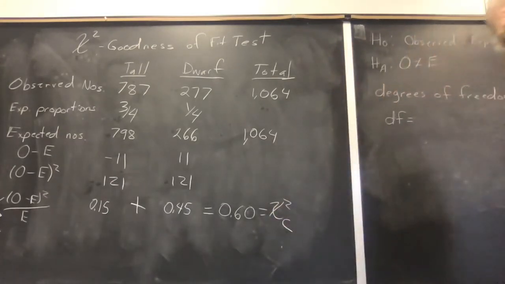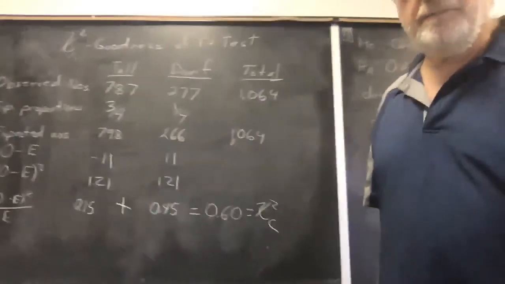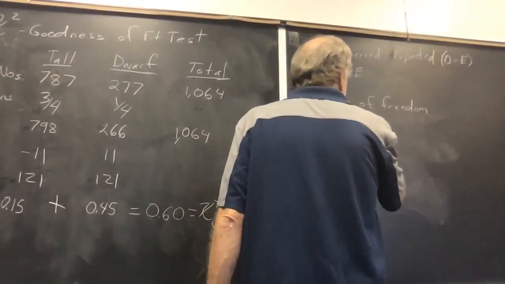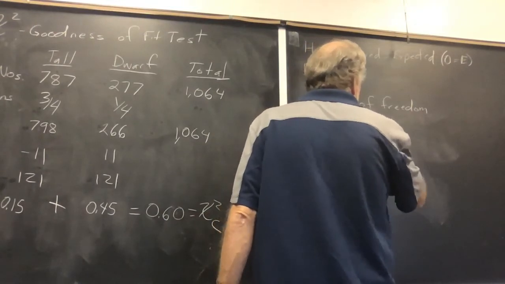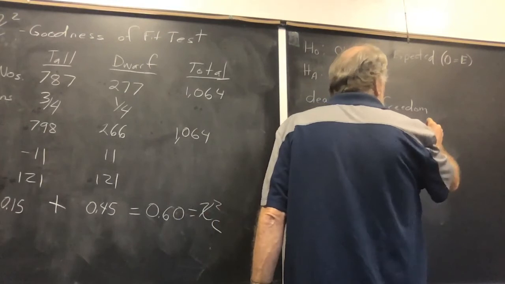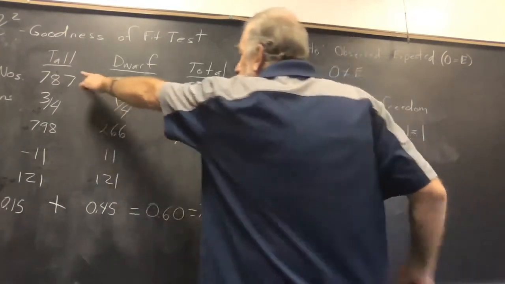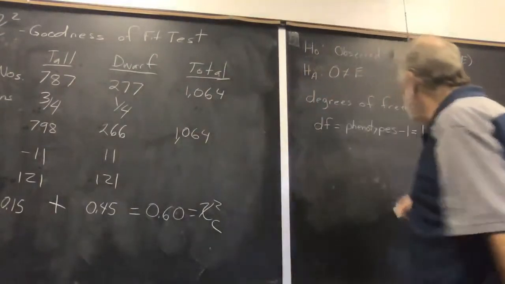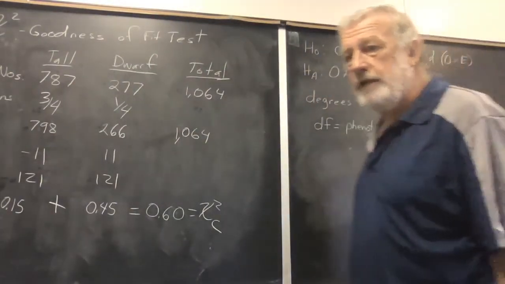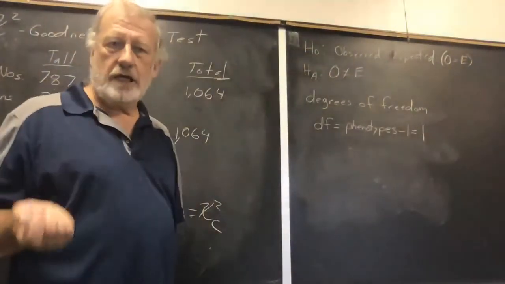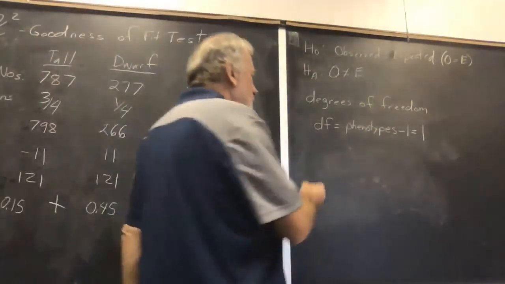And this is something we have to calculate each time we do the test. So it's our number of phenotypes minus 1. Our phenotypes in this case are tall and dwarf, just 2 phenotypes. Subtract 1 from that, so our degree of freedom is 1, so that means we use the top row in the table.